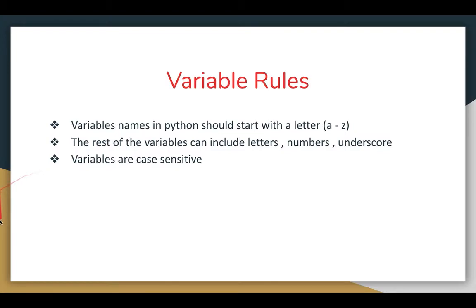The next one is that the rest of the variable name can include letters, numbers, and underscores. Once you start a variable with a letter, you can continue with letters, numbers, or underscores.